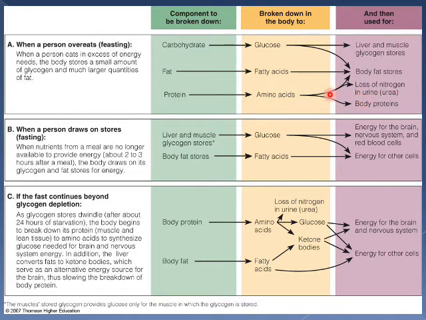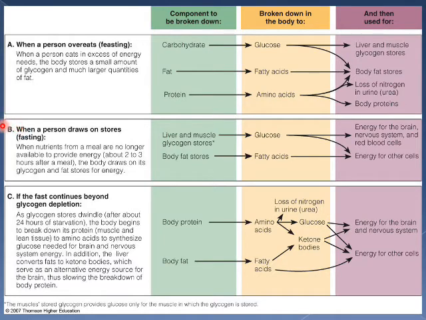And then the carbon skeleton that's left over will be converted to body fat. So all three energy nutrients can be converted to body fat when you overconsume calories, greater than you're expending.